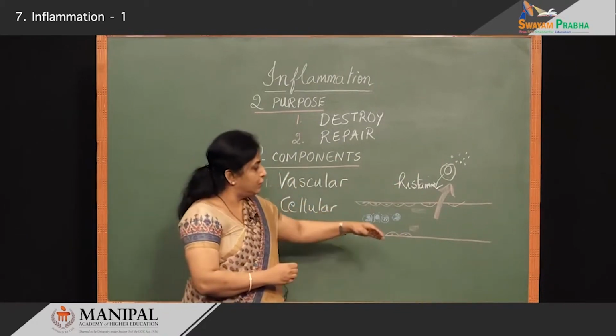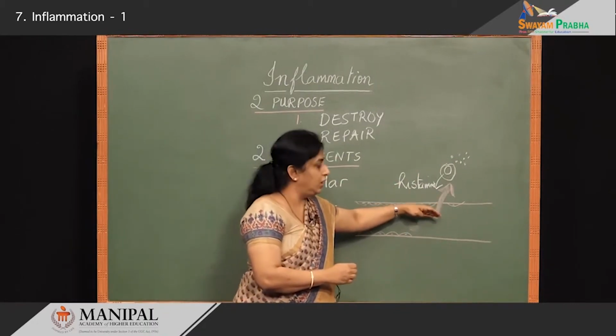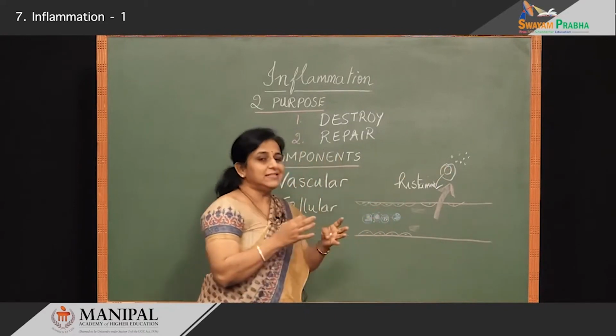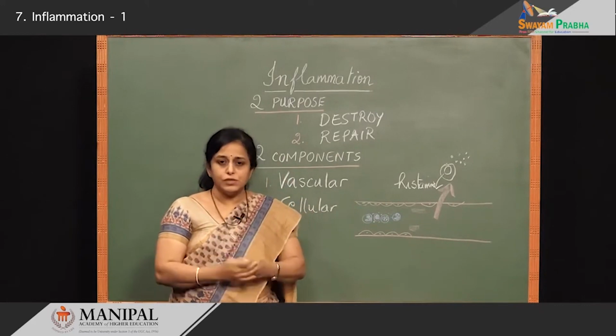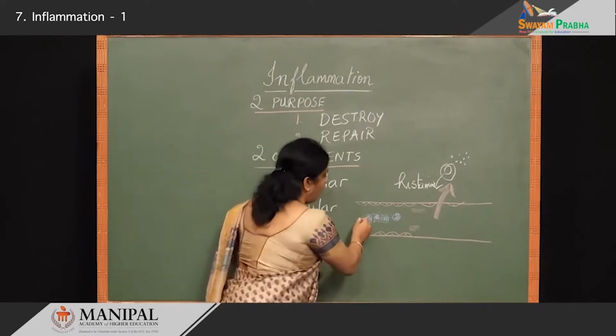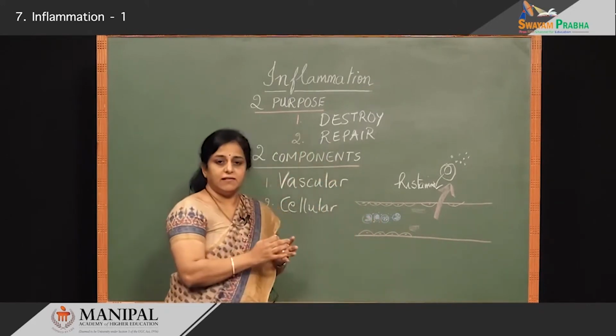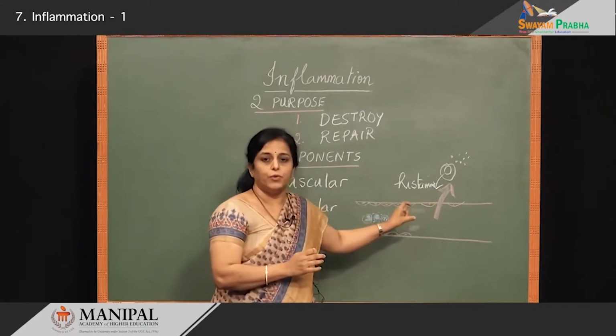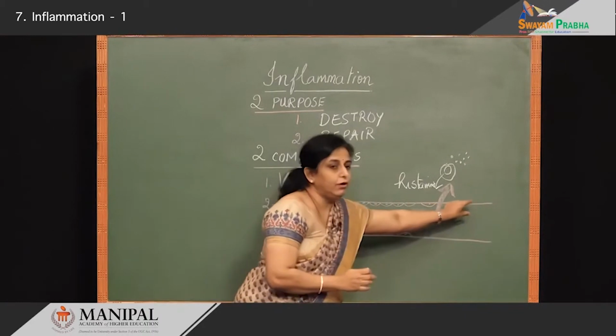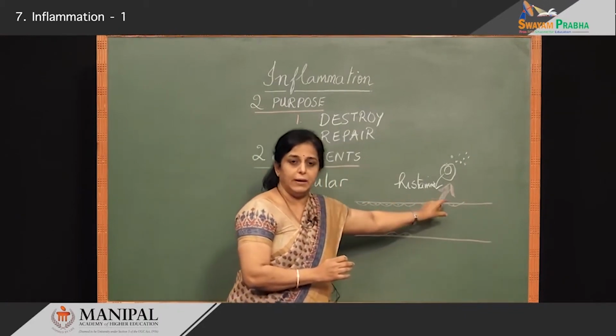Also, we learnt that because of the movement of fluid from the circulation to the tissues, there is stasis within the blood vessels. Now, this stasis, what happens? Because of the hemodynamic changes, normally you know that the WBCs, the RBCs and the platelets, which are the cellular components in the blood, move in the center of the bloodstream, what is called as a laminar flow.